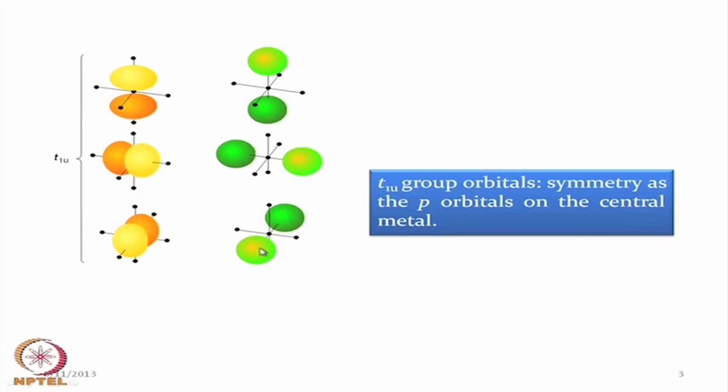If it is an oxygen donor, the oxygen atom of the water molecule, or a nitrogen donor from a big ligand system, or the nitrogen donor from the ammonia molecule, then we all know that this nitrogen and oxygen can provide nicely the corresponding p orbitals for interaction to the metal center.